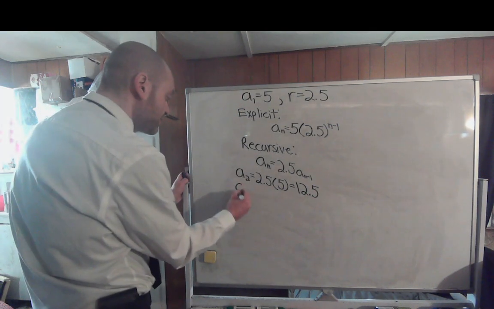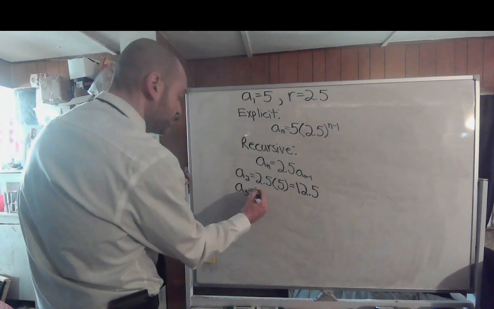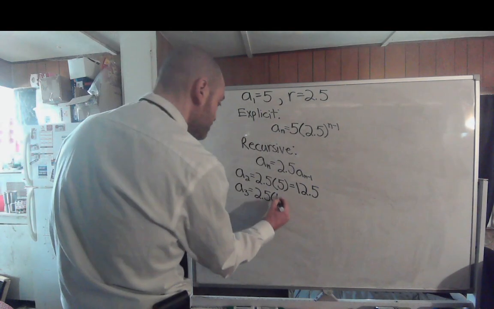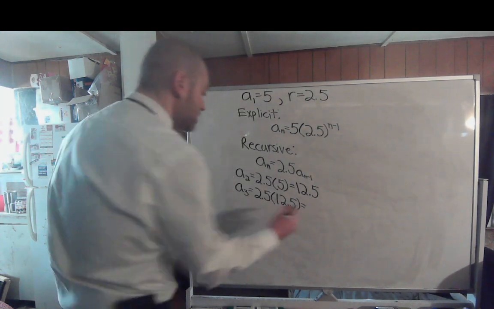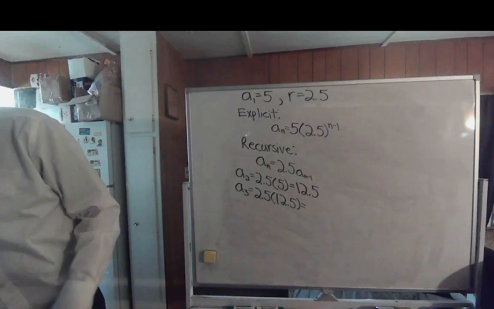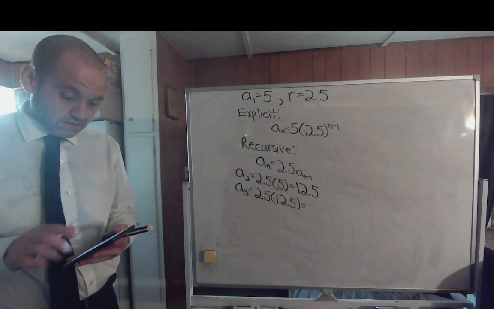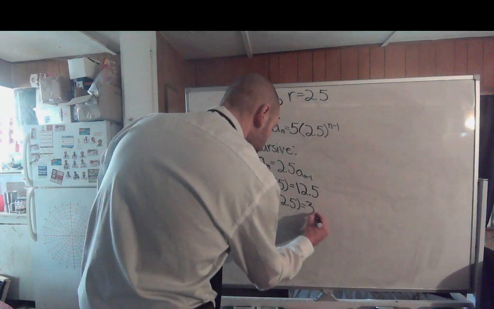Now let's find the third term. That's again going to equal your common ratio of 2.5, this time times your second term, which is 12.5. Let's see what we get here. That would equal 31.25.